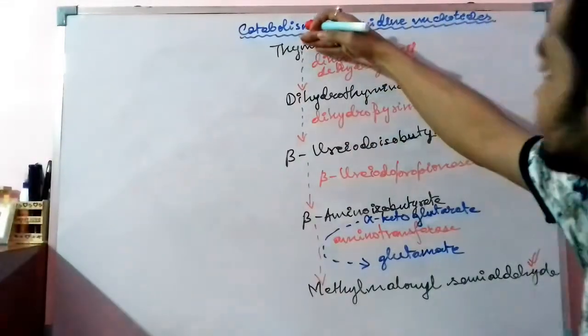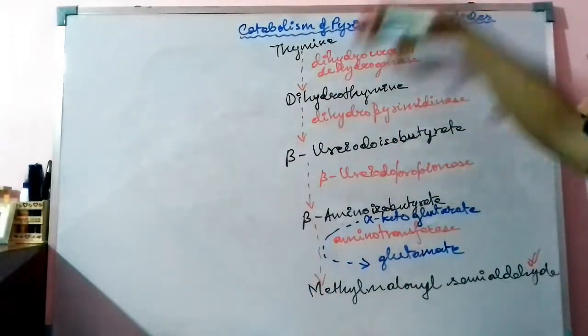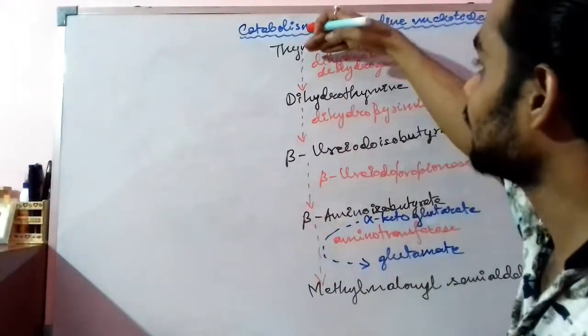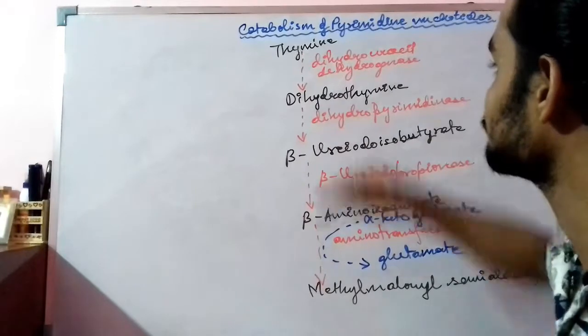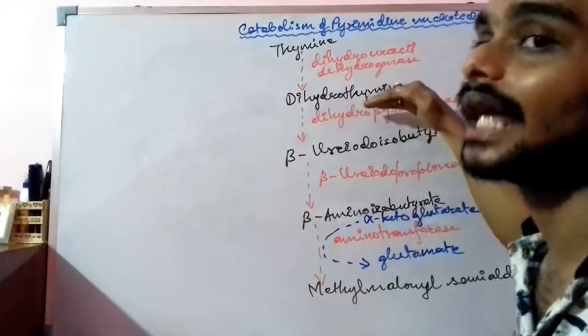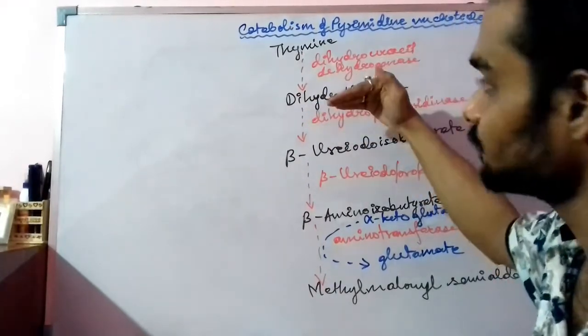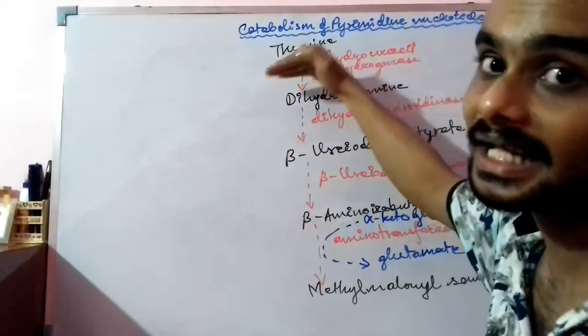Now let's have a recap of the entire process again. Thymine in the presence of dihydrouracil dehydrogenase forms dihydrothymine, once the hydrogen group is removed and the dihydro group is incorporated.